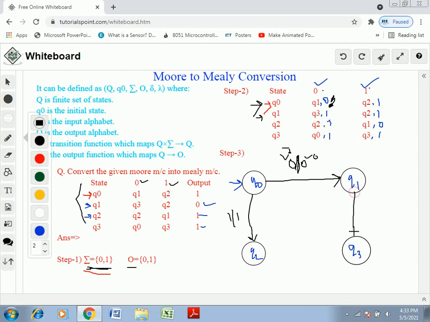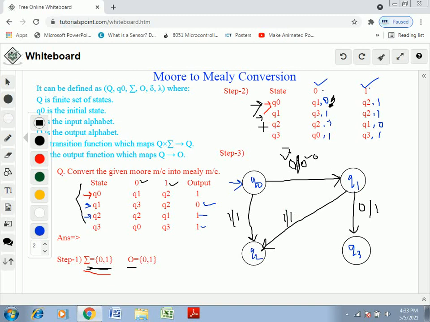I give the arrow to Q3 for the input 0 and it generates the output 1, so I write here an oblique 1. Next, from Q1 it goes to Q2. I give the arrow for the input 1 and it generates the output 1.